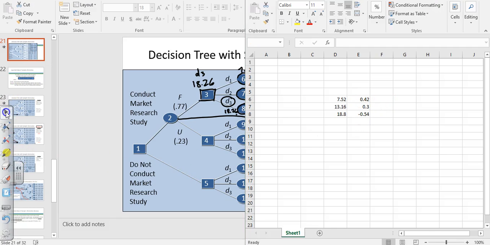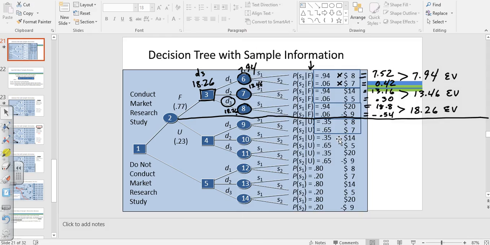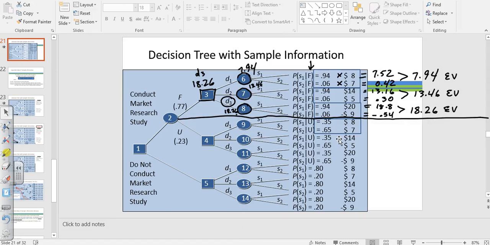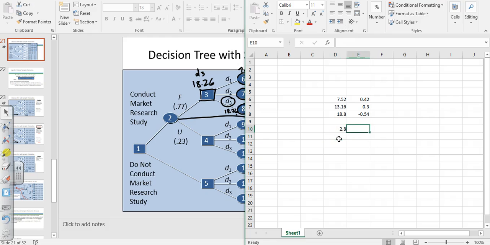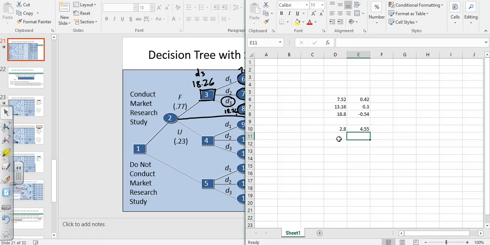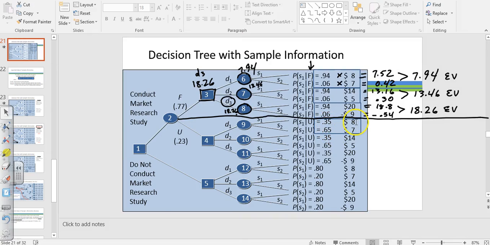Again, if you want to fast forward through, that's fine. So equals 0.35 times 8 plus 0.65 times 7. Okay, so I did 0.35 times 8, and I did 0.65 times 7. And what we're going to do is add them together because they're all part of the same decision, right? Decision 1.